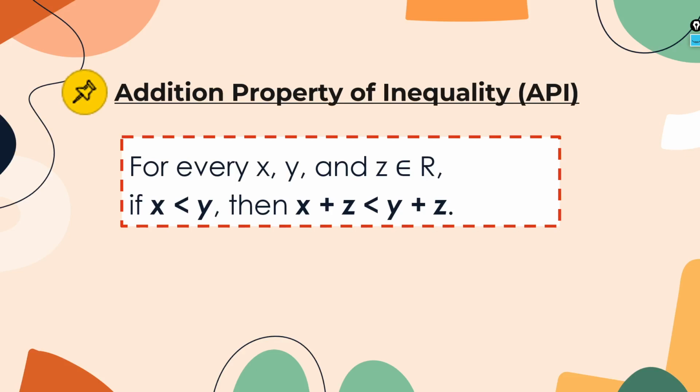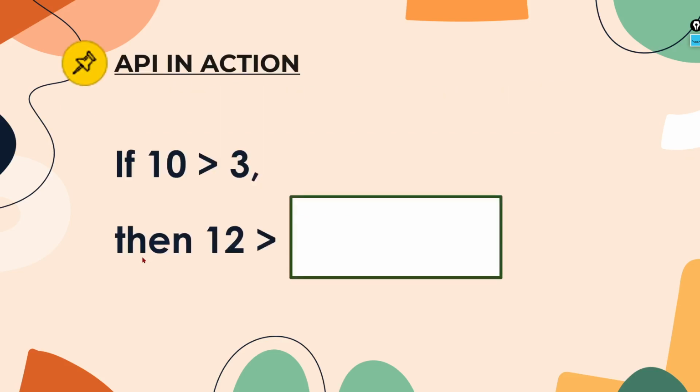But for inequalities, ganun din pala. I can add the same thing, subtract the same thing from both sides of my inequality, and it will be fine. I-demonstrate natin. So that's API. Now, the only difference is, well, this is an inequality we're dealing with, but we are allowed to basically apply the same principle. Okay? Nice.